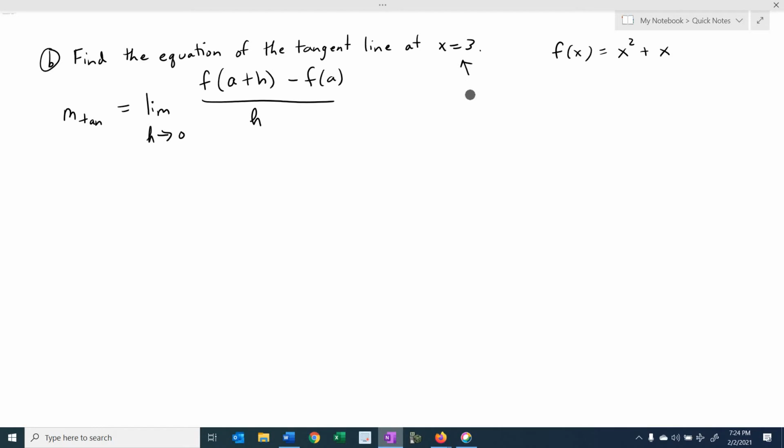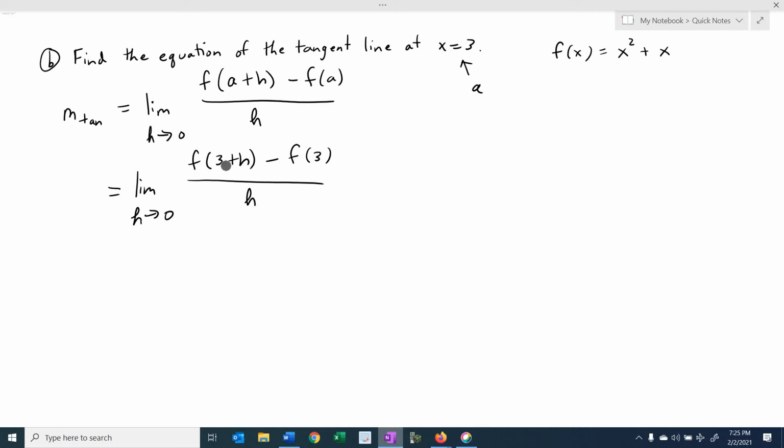We're finding it at 3. So A is 3 here. So this is f evaluated at 3 plus h minus f evaluated at 3. And then we have to divide that by h and then find the limit of that as h goes to 0.